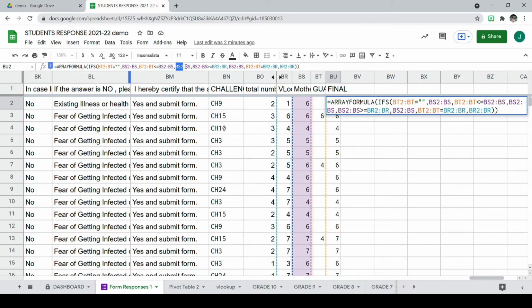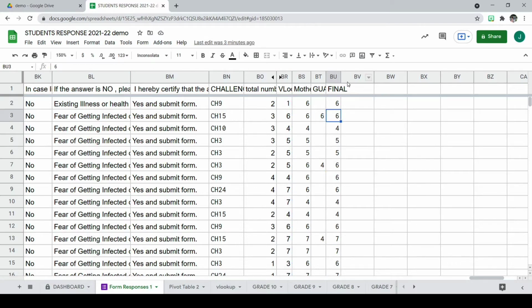Complicated. Okay, so kung ang BS is greater than or equals to BR, so ang tubag is BS, of course. And then kung ang BT2 daw is equivalent to BR2, therefore ang tubag kay BR2. Then you press enter. You can just copy the formula if you want.